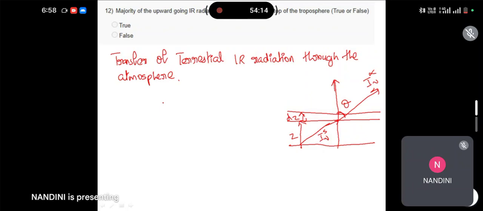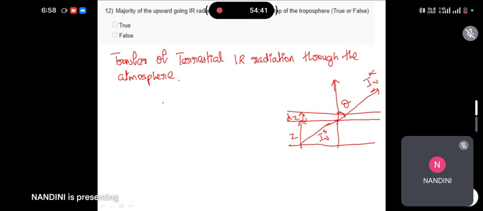But in this case, the energy is being absorbed by the gas molecules, and after the absorption, they will start re-emitting radiation as well. The atmospheric gases also emit radiation in the infrared range. So as we go up, there is an increase in the spectral intensity instead of a decrease that we saw in the case of the solar radiation.